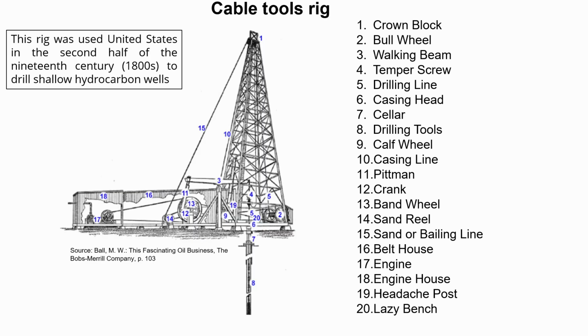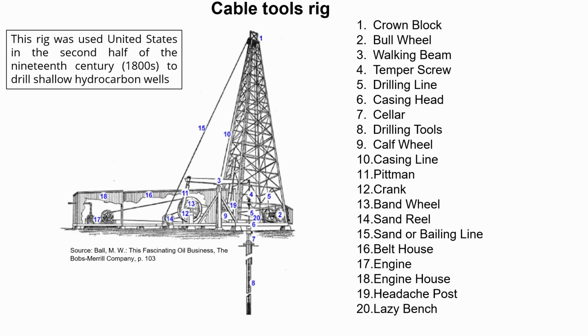The cable tool rig is one of the earliest historical drilling technologies. It was used in the 19th century, especially in the United States, to drill relatively shallow hydrocarbon wells.